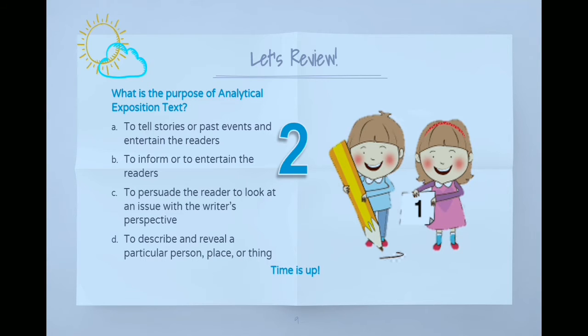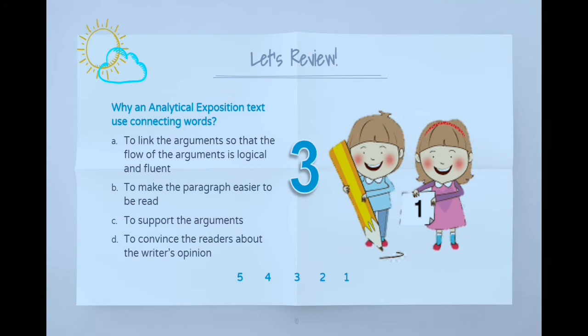Okay, enough. So, the purpose of analytical exposition text is, yes, to persuade the reader to look at an issue with the writer's perspective. This is like the social function of analytical exposition text. And then, moving on to the next question.